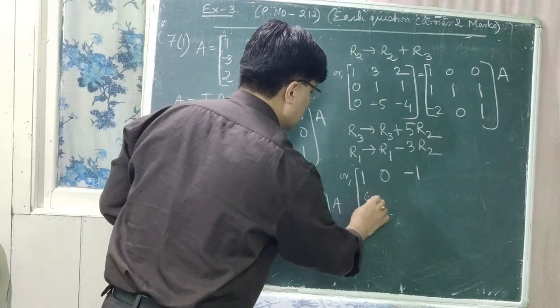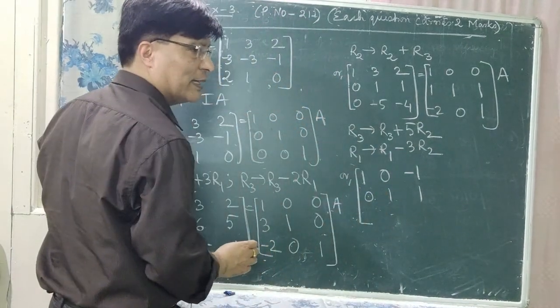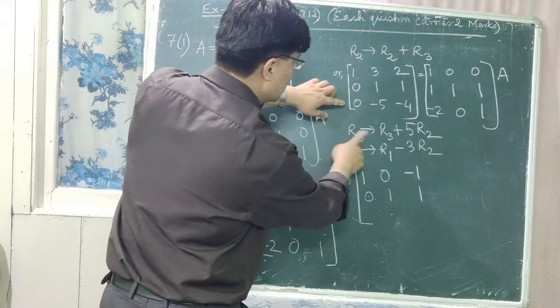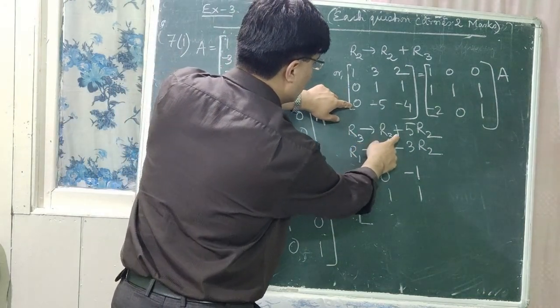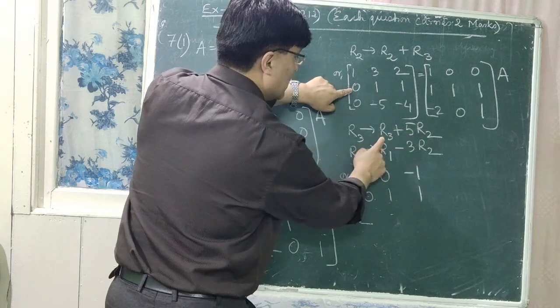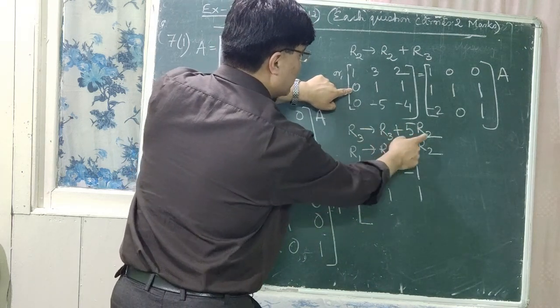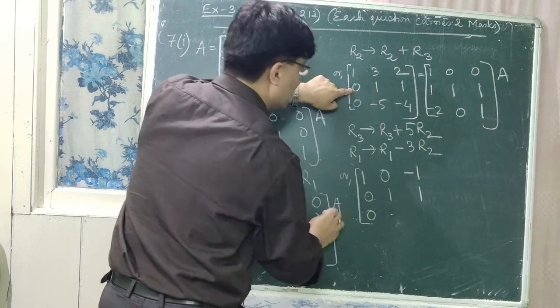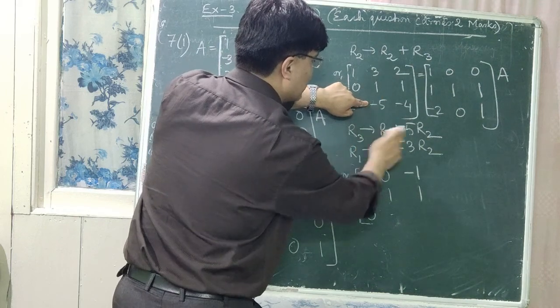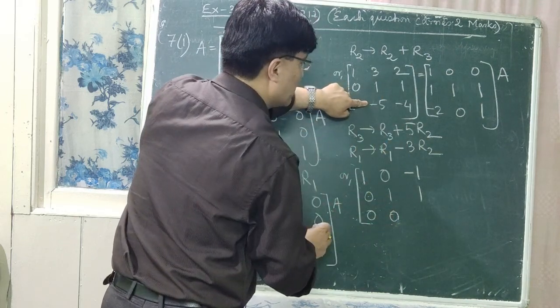Now row 2 remains same, 0, 1, 1, right? And then next one is row 3. How does it change? R3 is equal to R3 plus 5R2. That is R3 is 0 plus 5 into 0 is 0. That means it is 0, right? So R3 is minus 5 plus 5 into 1 is 5. Minus 5 plus 5 is also 0.